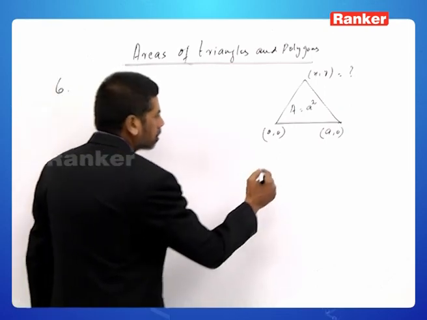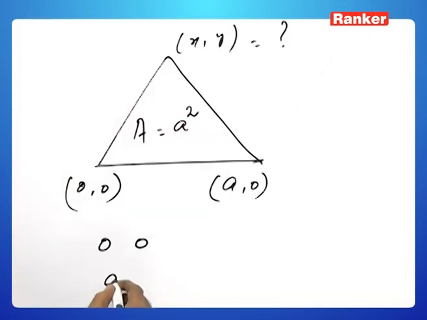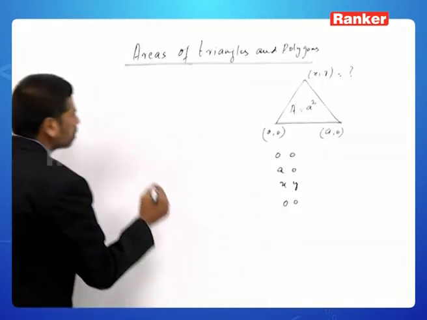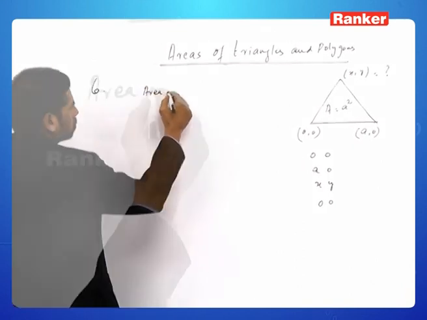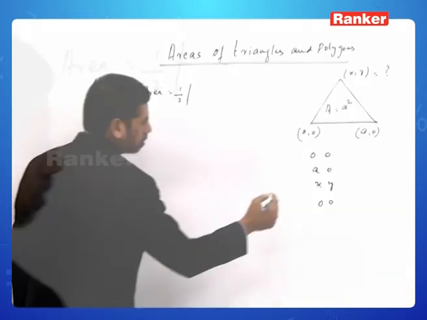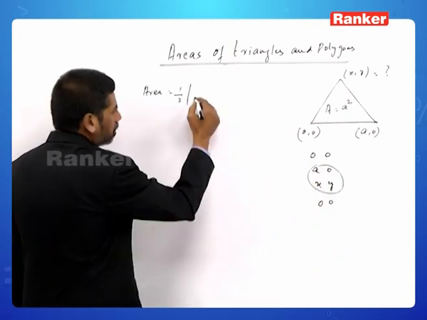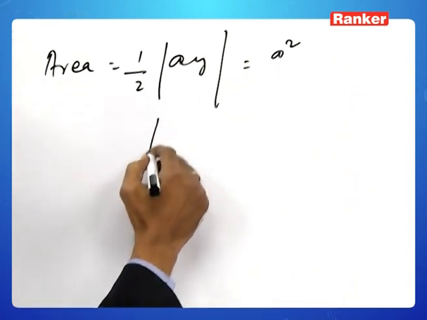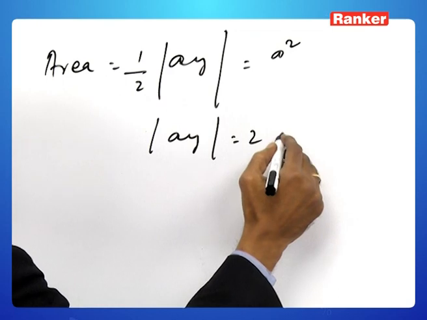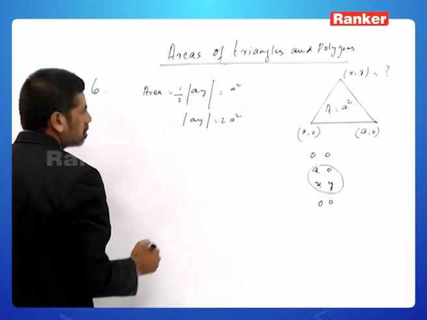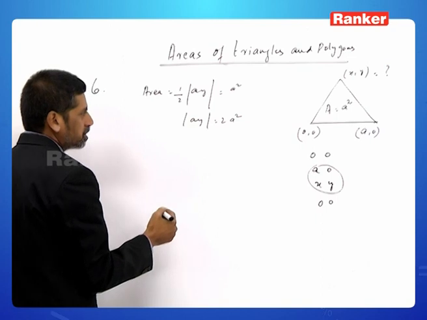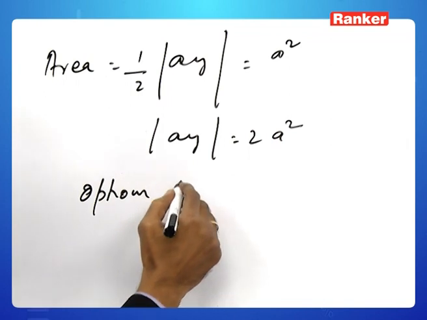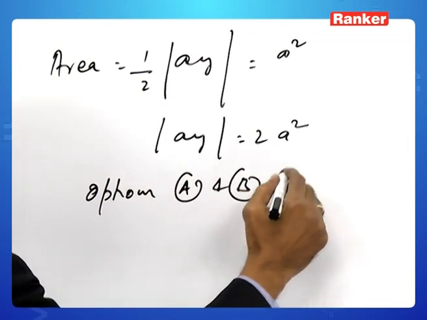So 0 0, a 0, x y 0 0. So area is equal to half mod, only this will be activated, a y is equal to a squared. So mod a y is equal to 2a squared, and you can basically see options A and B which are given to you.